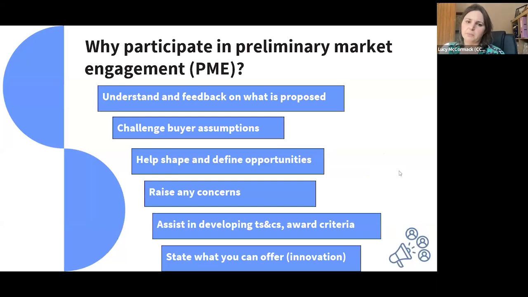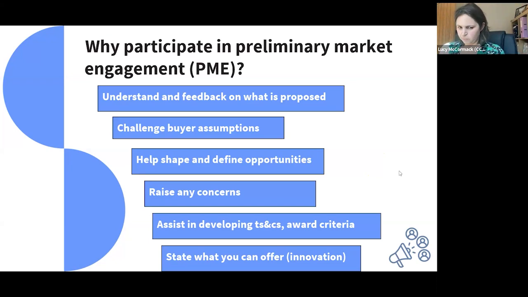Why participate in preliminary market engagement? Preliminary market engagement I touched on previously, so that's the step we undertake as contracting authorities before going out to tender. And a preliminary market engagement notice must now be published under the Procurement Act 2023, where engagement is anticipated or has taken place, or contracting authorities must explain in their tender notice why it hasn't been published.